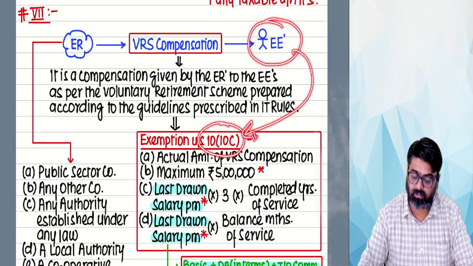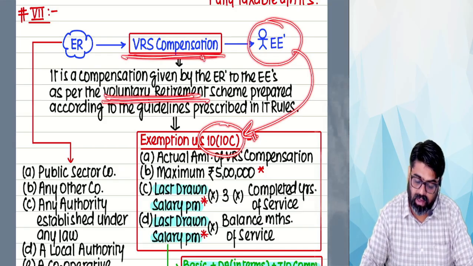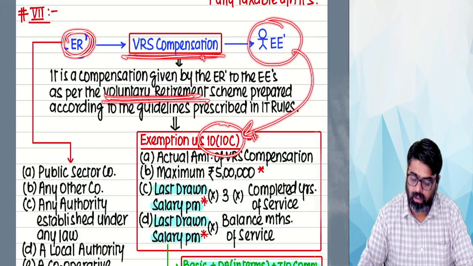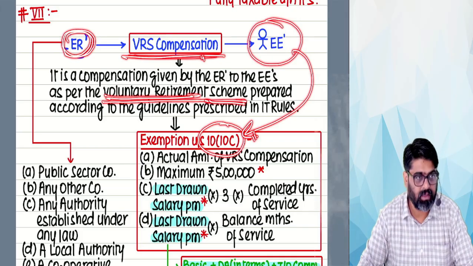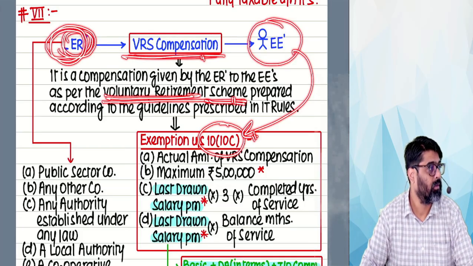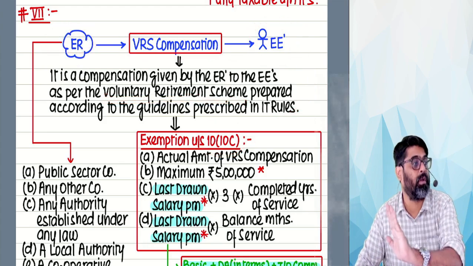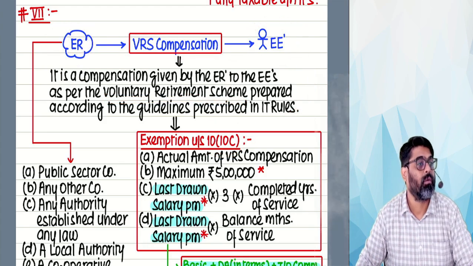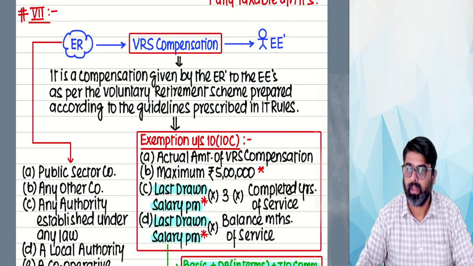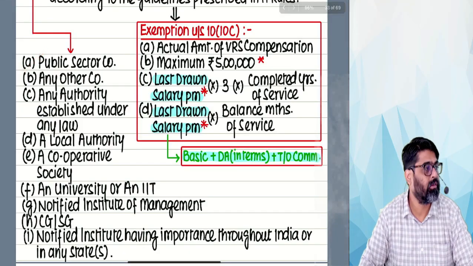This exemption will be available for voluntary retirement compensation which is given by the employer as per a voluntary retirement scheme. Yes or no? But the scheme has to be prepared by certain specific employers. If you are taking voluntary retirement from these employers, only then your VRS compensation will be exempt.